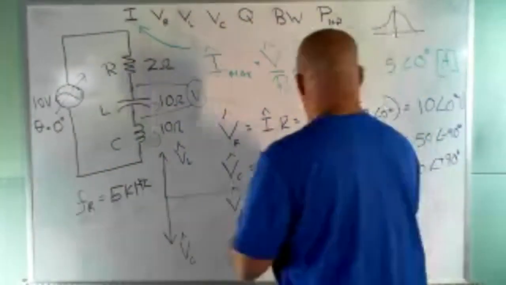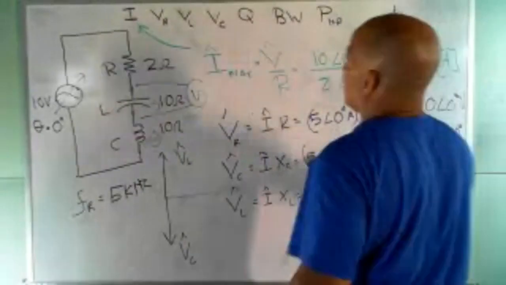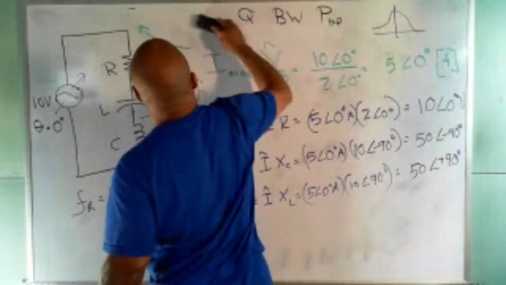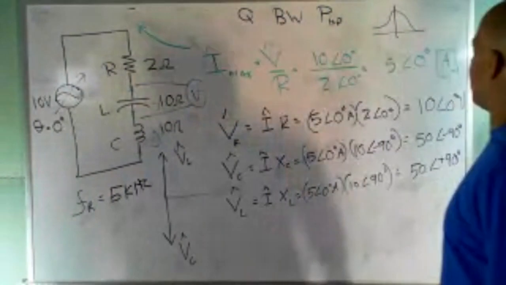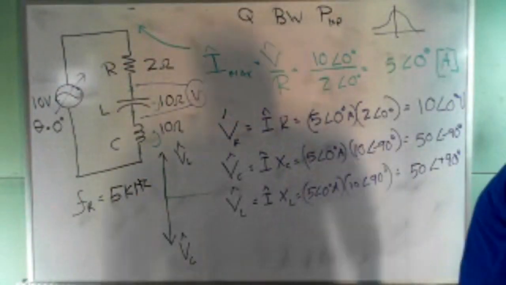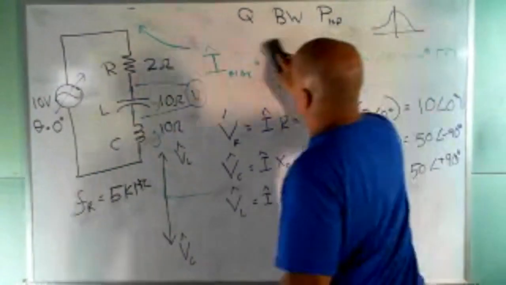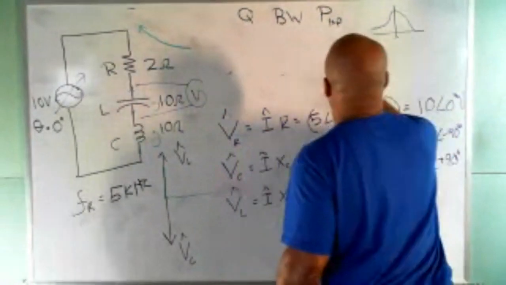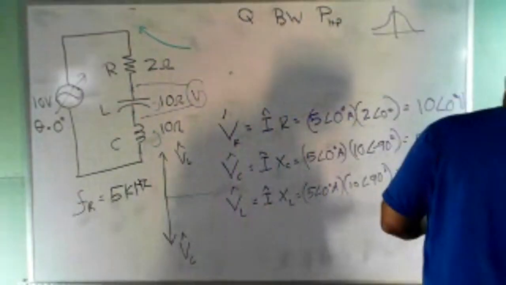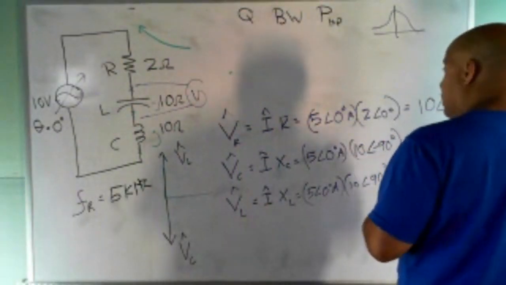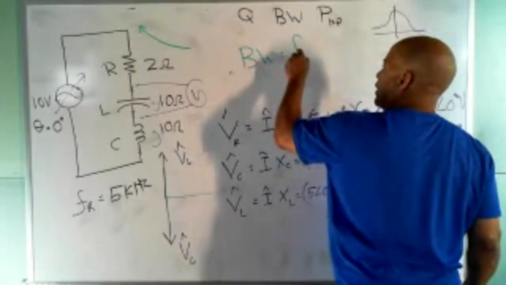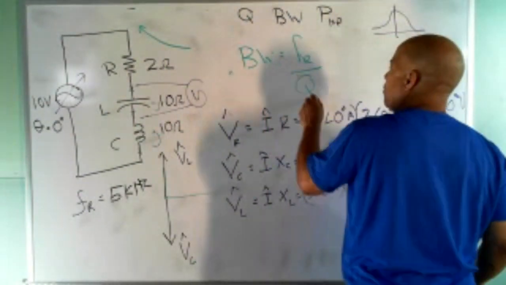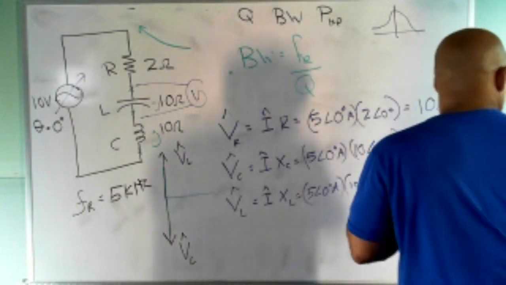So we got these 3, 4. Now we got to get the Q. Well, that's real easy, because all you got to do is use that formula I gave you. Bandwidth equals resonant frequency over Q. We'll need that.